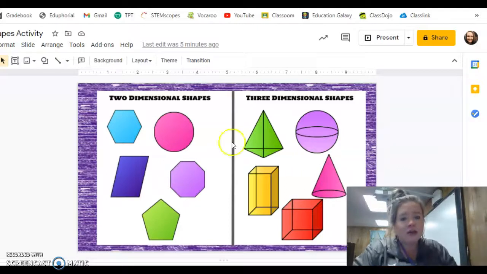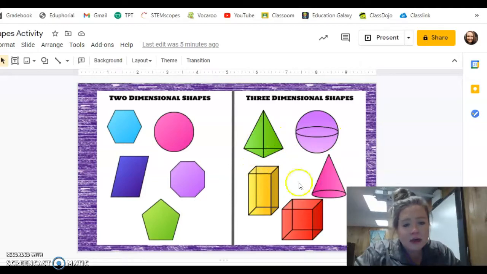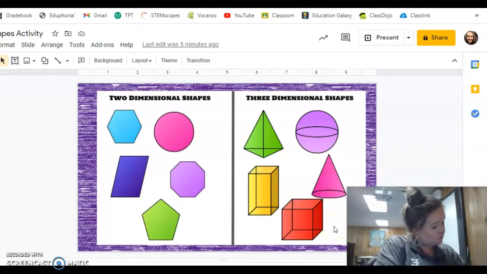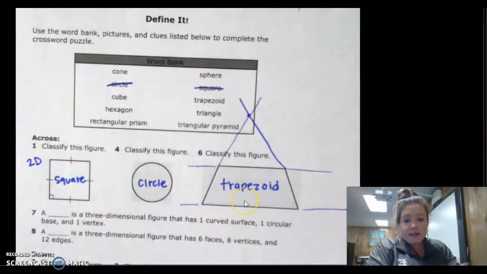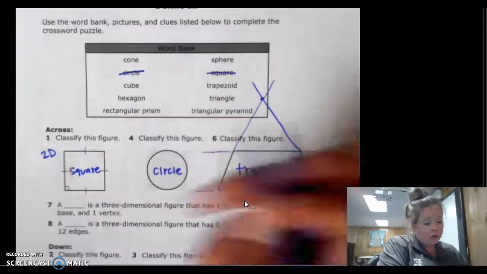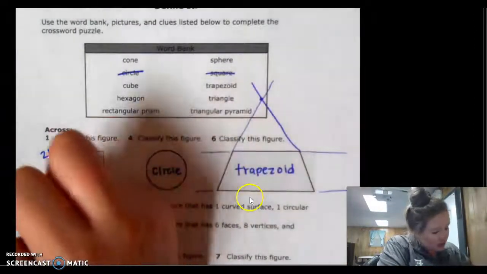Is that a triangular prism, a sphere, a triangular pyramid, a rectangular prism, a cone, or a cube? Awesome job. I know I heard some of you say it. It is a cone.